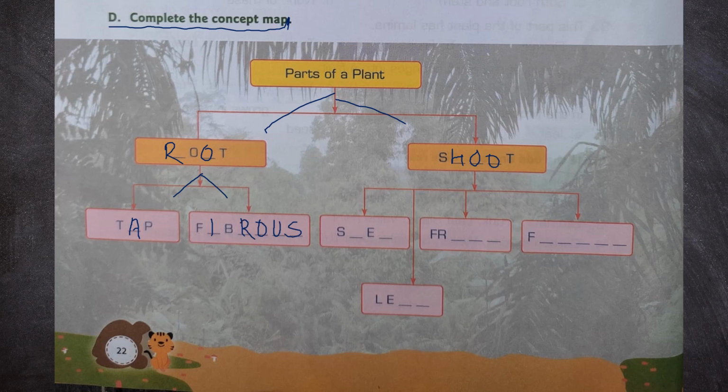Shoot has four parts: seed, fruit, flower, and leaf. So shoot has these parts, seed, fruit, flower, and leaf.